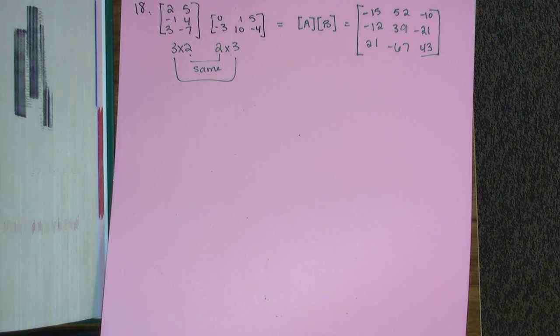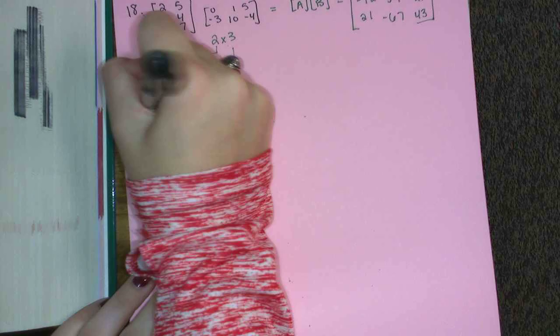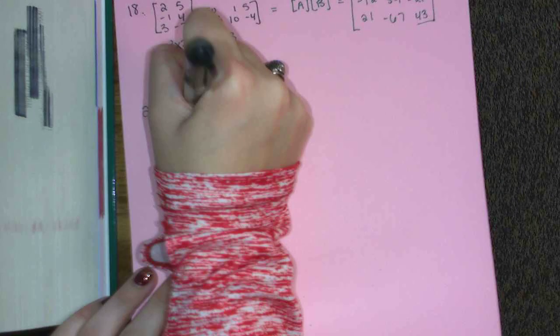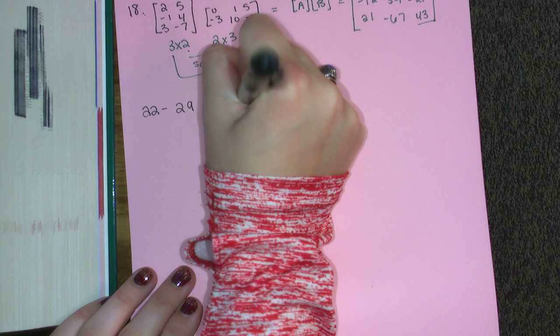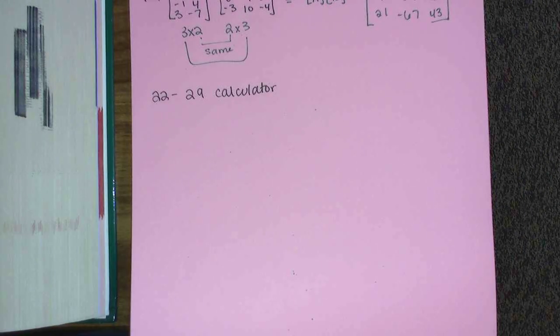Alright. We're going to look at one more thing, and then we'll be done. Okay, the stuff like 22 through 29, you can use your calculator for these ones, just like you could on the ones yesterday. With these ones, it's the same thing where it'll tell you to do different things. So I would put all 5 matrices in your calculator and then work with the problems that you have to do.